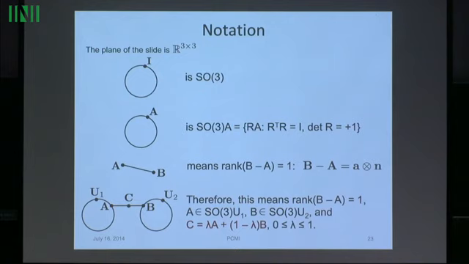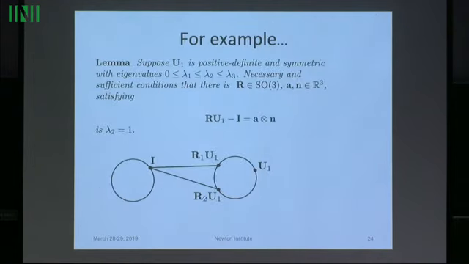Circles are copies of SO3. Okay. So the lemma in that notation is that picture. It says, here's SO3. If the middle eigenvalue of this matrix is 1, there are exactly 2 rank 1 connections. There are exactly 2 matrices over here.